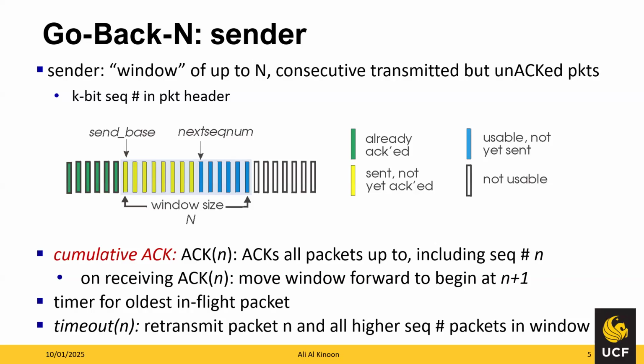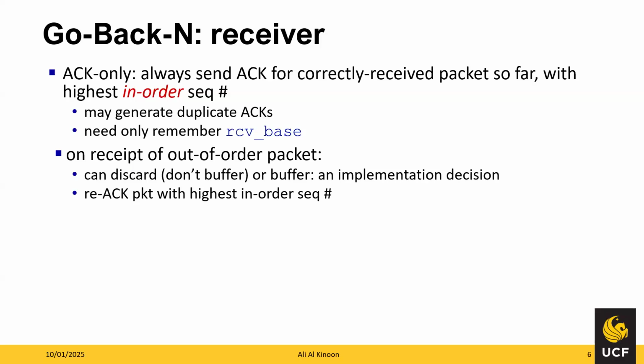The reason I'm coming back to it again is because the selective repeat method builds on top of this. The Go-Back-N receiver is much simpler from a sender perspective. The receiver always acknowledges the highest in-order packet that it has received so far.